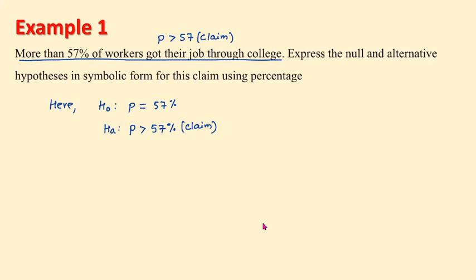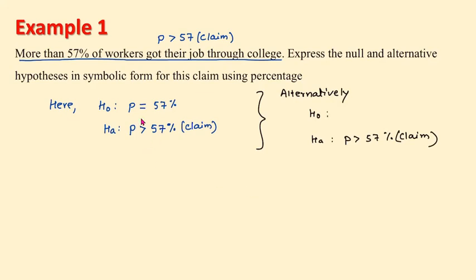Sometimes we can also write a little bit differently. So we can also write like this. Alternatively, null and alternative hypothesis. Alternative is p is greater than 57%. This will remain the same. But in the null hypothesis, what we can do is we can write the opposite of this one.